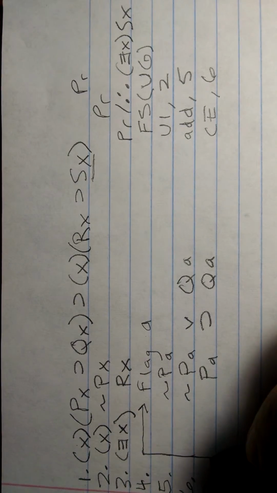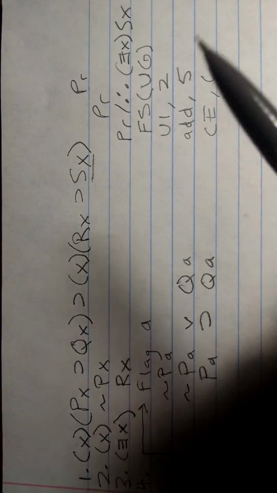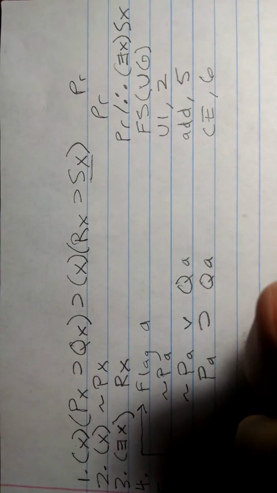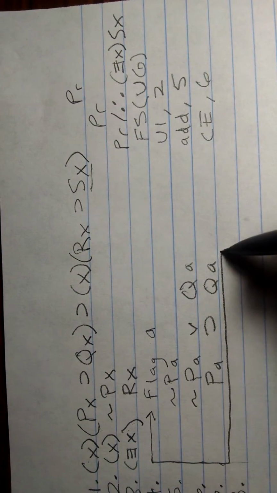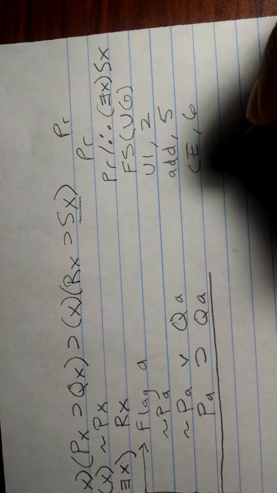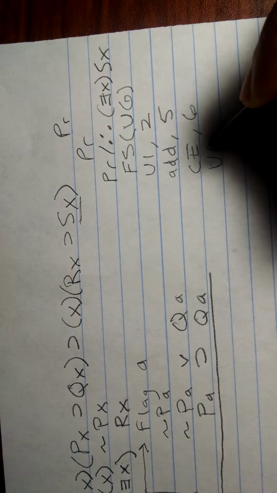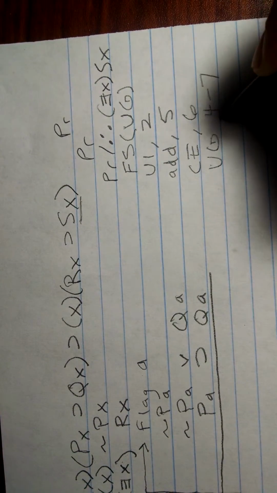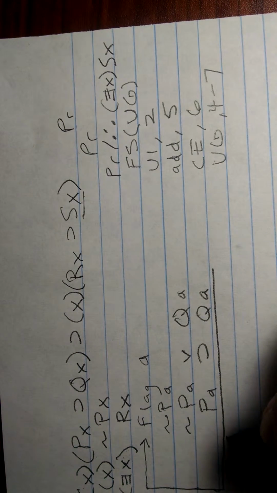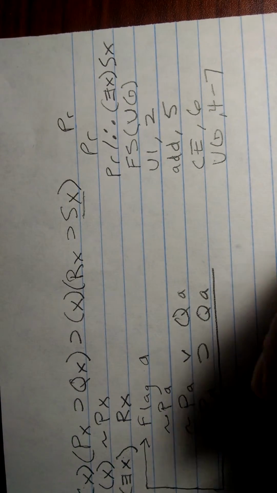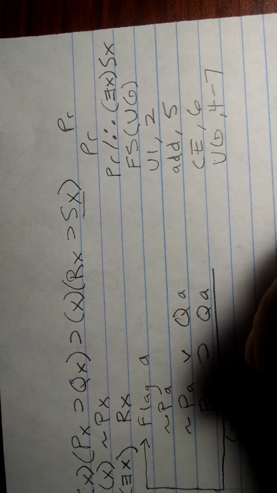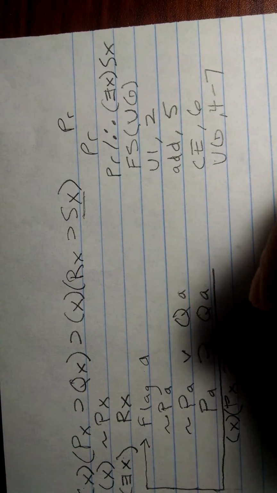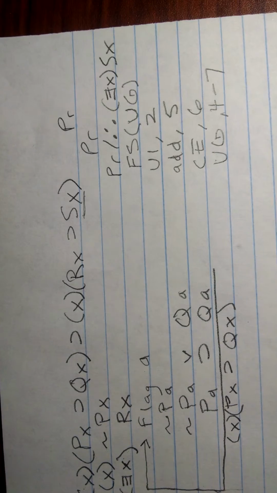Okay, so with that we'll just discharge our flagging step. That'll be UG 4 through 7, and that turns it back into, for all x, Px horseshoe Qx.